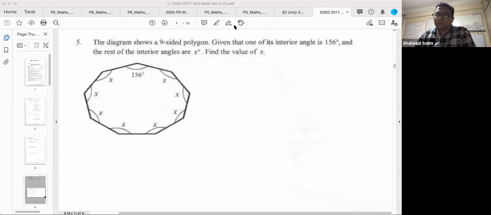Those who remember, there's a formula to find the total sum of the internal angles. Remember that? n minus 2 times 180. You can use this. Actually, you don't need to use this. You can divide it into triangles. How many triangles can you get?